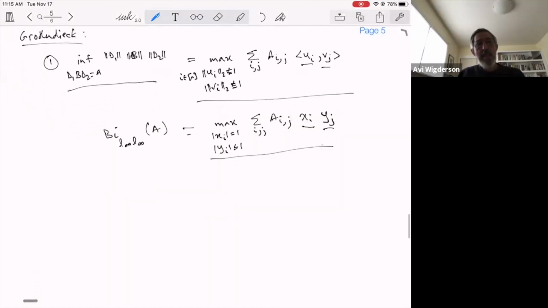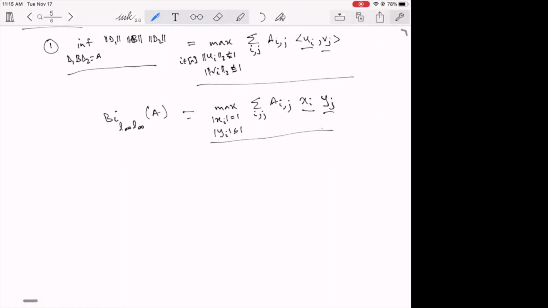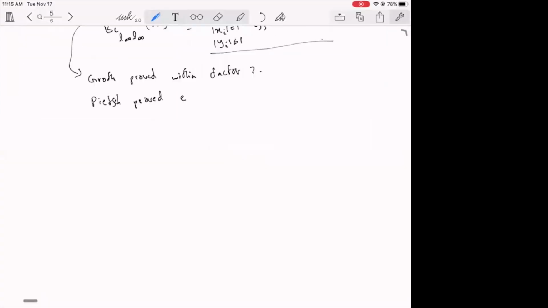Okay. So the first step is this dual characterization of the factorization norm. Grothendieck originally proved this equality within factor 2. Pisier proved it exactly, with no loss.